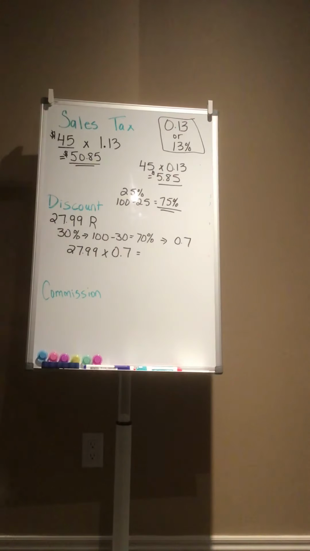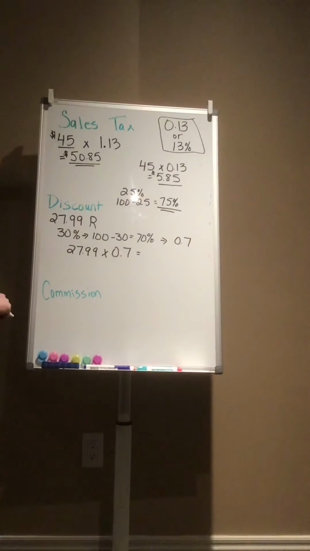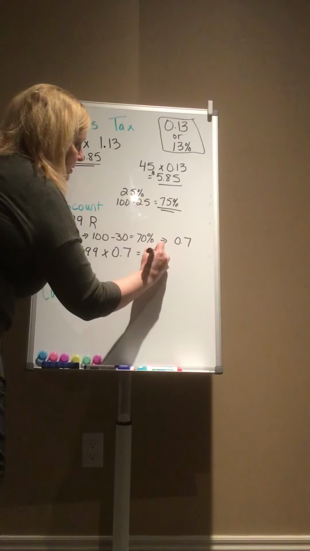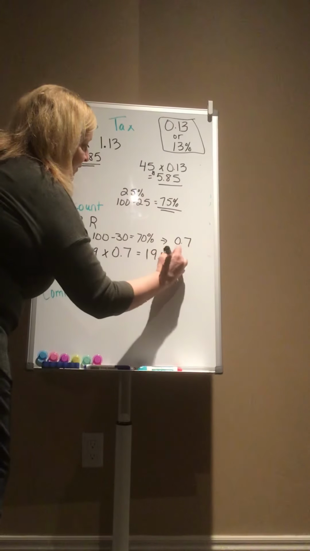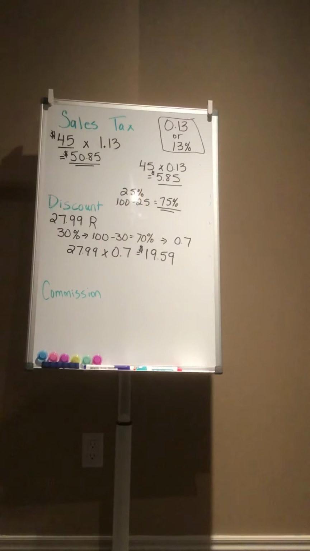So 0.7 times $27.99, and 70% of that price is $19.59. So instead of saying 30% off of $27.99, we start thinking that 70% of $27.99 is what we're going to pay.